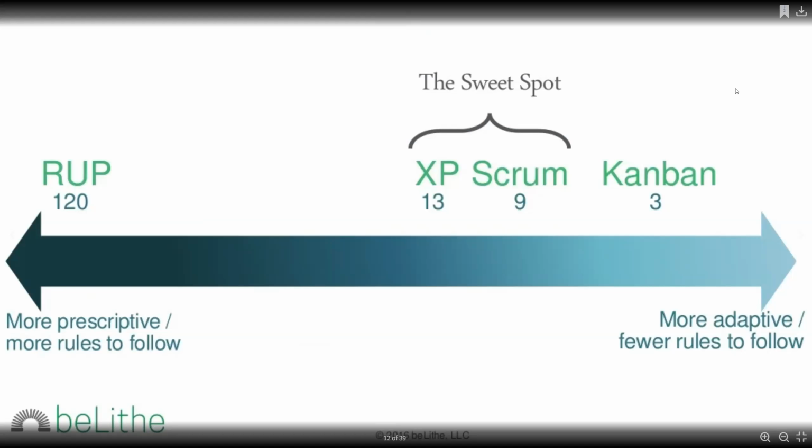Some of them are prescriptive and very stringent, and Agile is more adaptive. Scrum and Kanban are very loose and very adaptable for very small projects to quickly get things done.